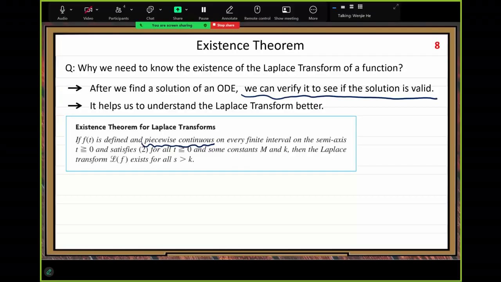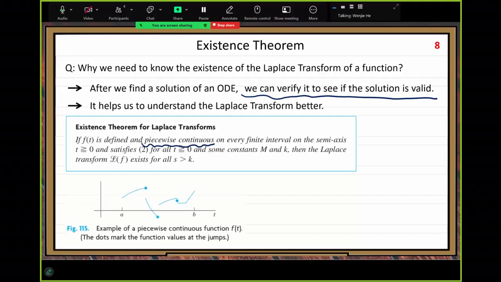Equation 2 is in the Laplace transform definition. I will write equation 2 here, some inequality. So what's that equation 2? I put it here.